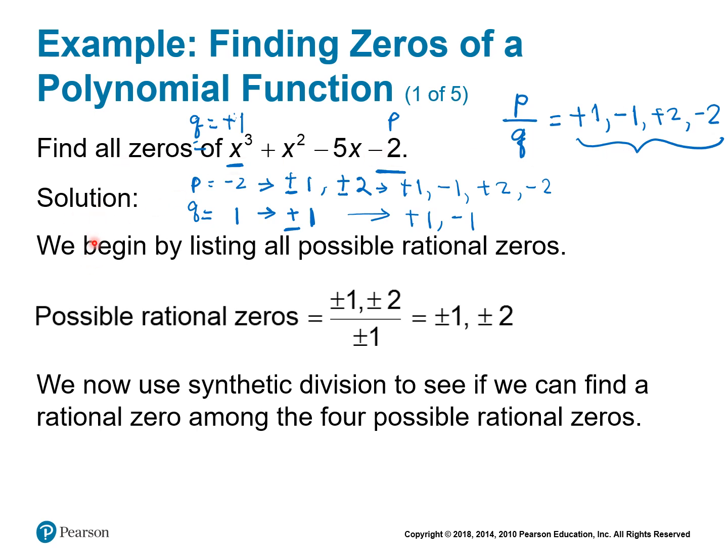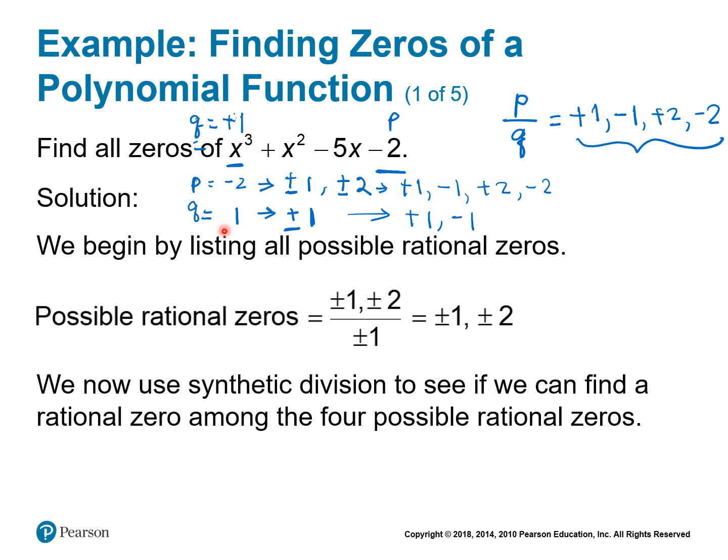So let's see how they've worked out the solution, whether they've followed the same method and whether they got the same possible rational zeros. It says we begin by listing all possible rational zeros, and they use the same method here. They first factored P, and they haven't shown their work here. Well, we have shown our work here. So we took the value of P, negative 2, and we factored it, and we got four factors here.